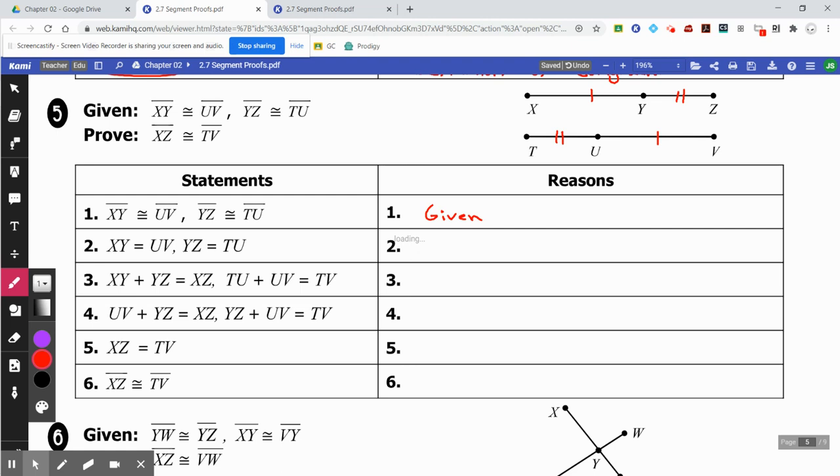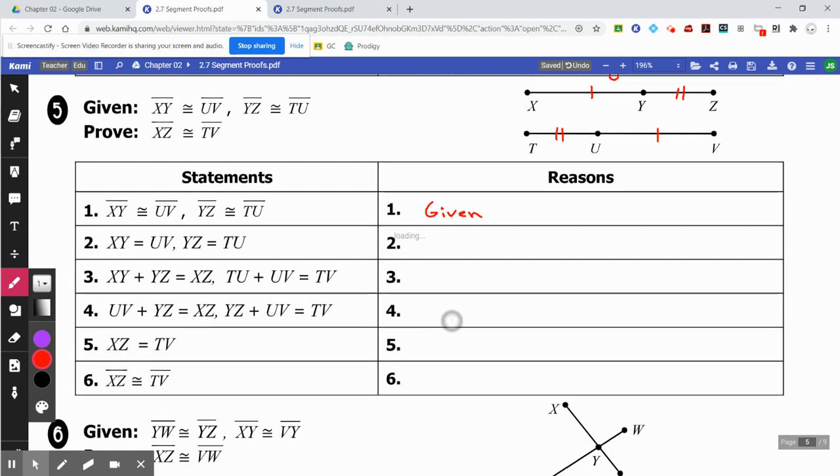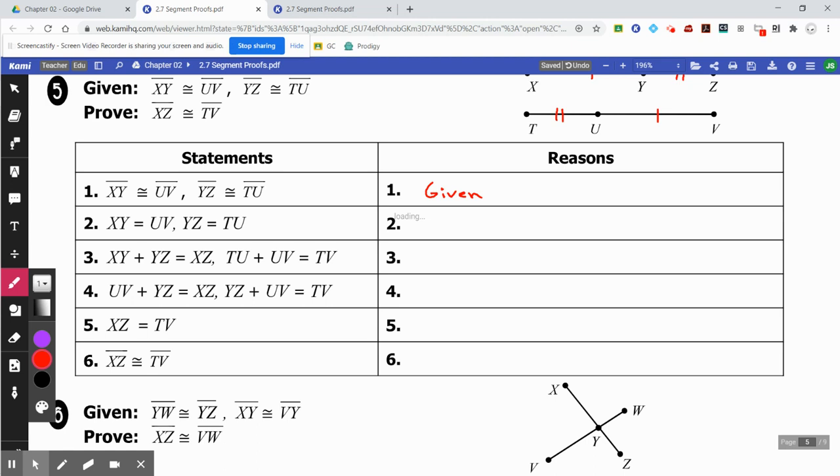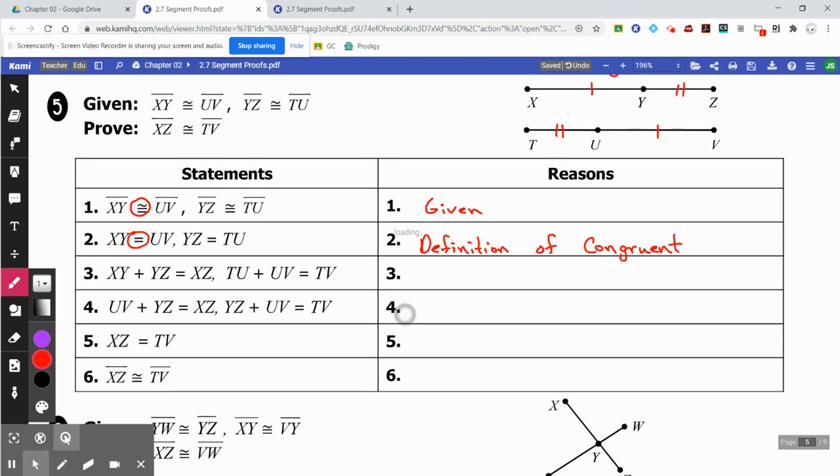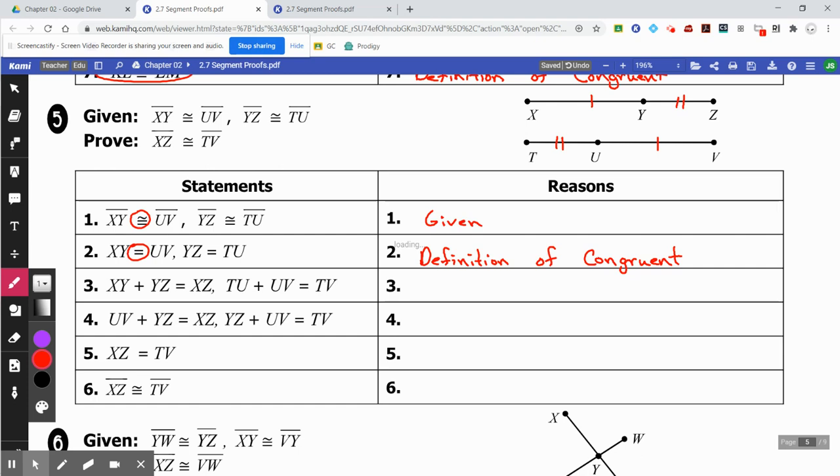So again, all of our properties usually deal with equal lengths, so we're going to change from congruent to equal by using our definition of congruence. Then let's think about how we are going to prove that the whole thing is the same, if these are the same and these are the same.